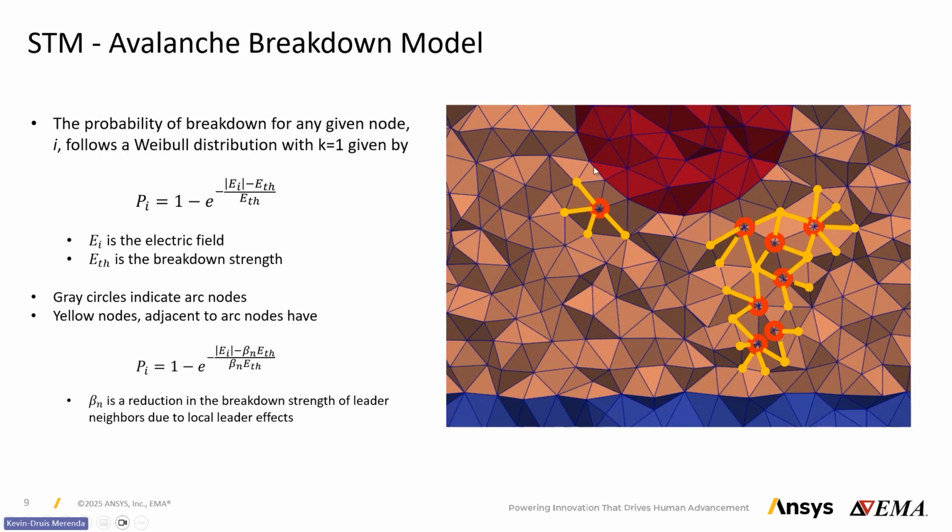What we're looking at is the fields varying inside this dielectric over time. If at a given node the fields exceed the dielectric strength of the material, we are going to consider that node as part of the discharge.